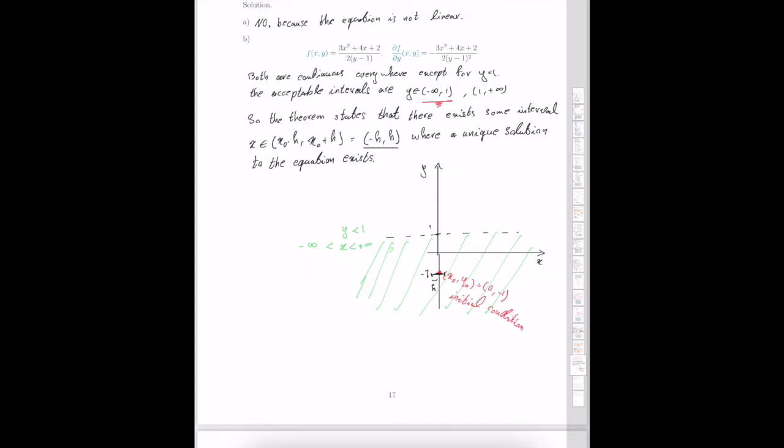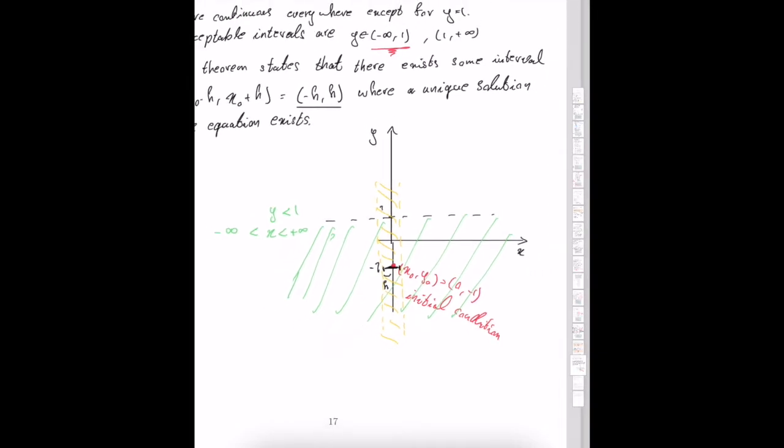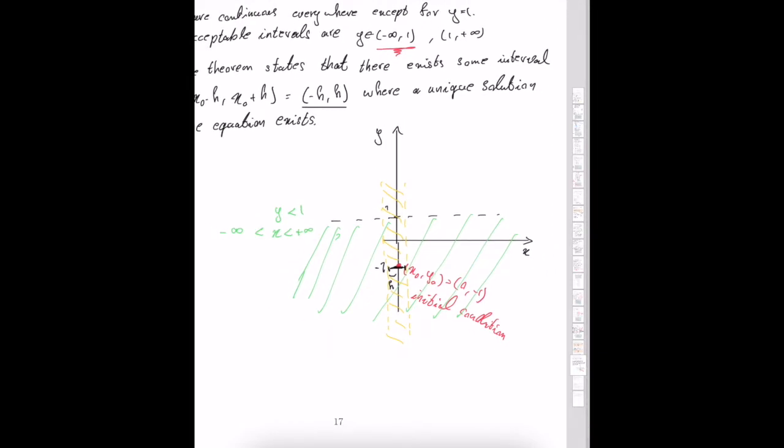Okay, so if I draw really the border of this, x between minus h and h is giving me a rectangle. It's saying for this interval, which again I don't know the value of h, but somewhere here there will be a unique solution that passes this point 0.